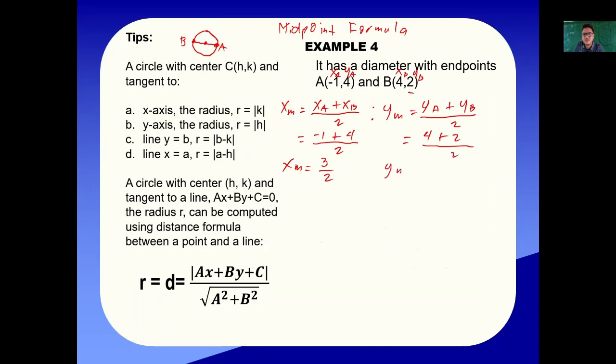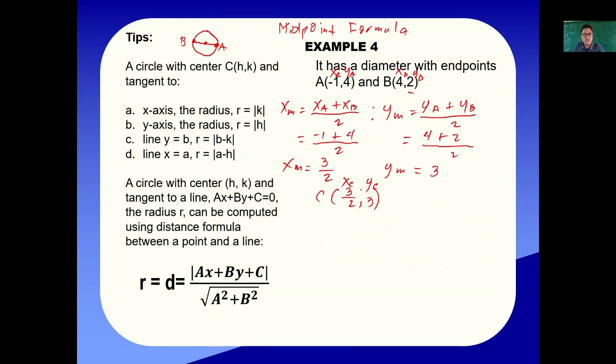Therefore, our y sub m is 6 over 2, that is 3. Therefore, the center is (3/2, 3). Yan na yung center natin. At pwede natin pangalanan ito na x sub c para sa center and y sub c.